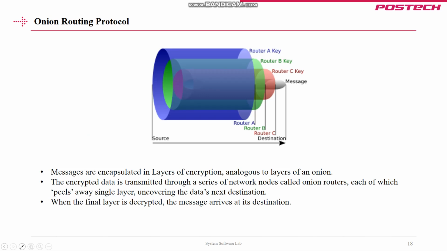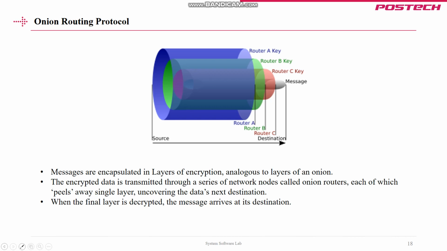This is about the onion routing protocol. In the Lightning Network, as I previously mentioned, they use the onion routing protocol. In the onion routing protocol, messages are encapsulated in layers of encryption, analogous to layers of an onion.